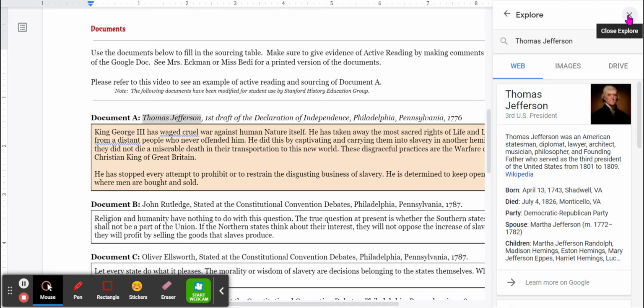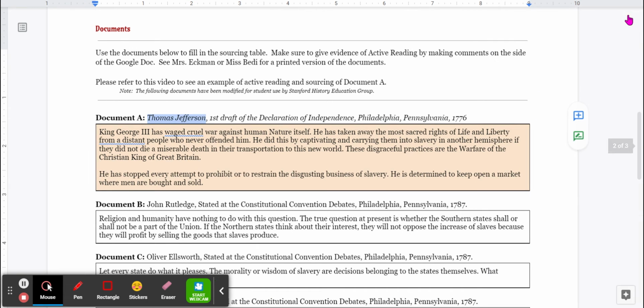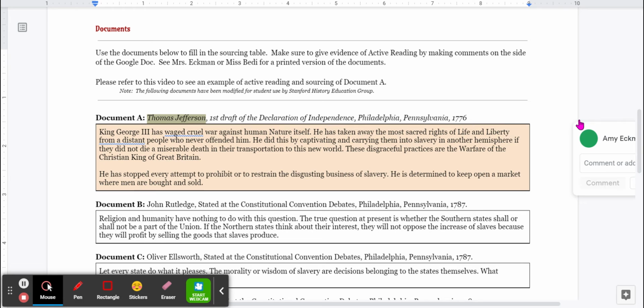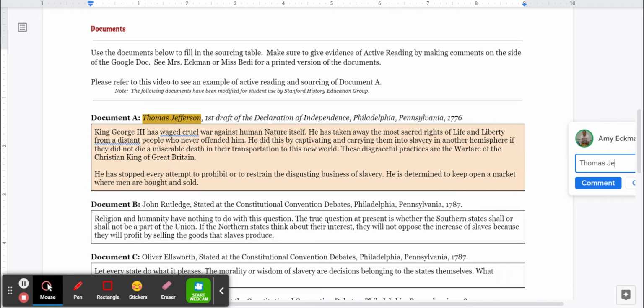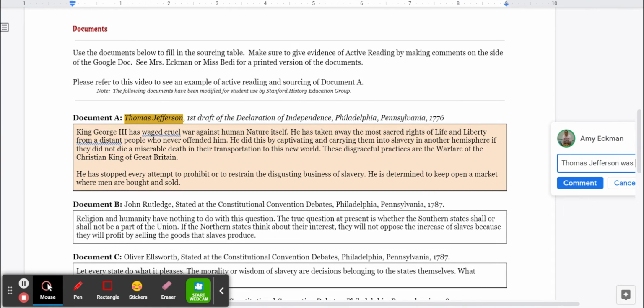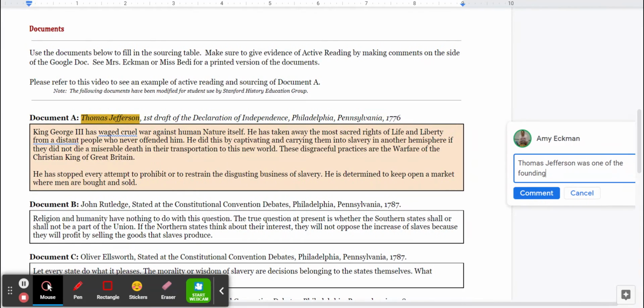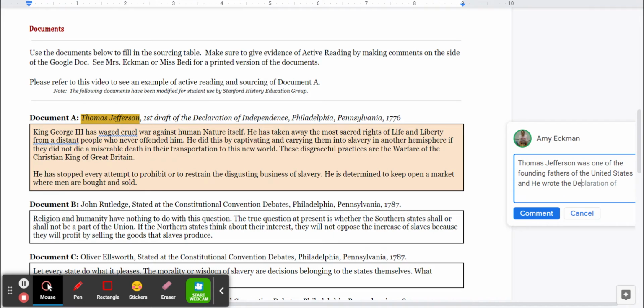Now that we know that, we can make a comment here that Thomas Jefferson was one of the founding fathers of the United States, and he wrote the Declaration of Independence.